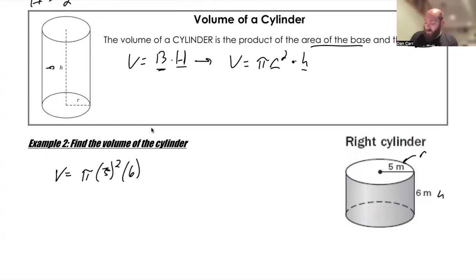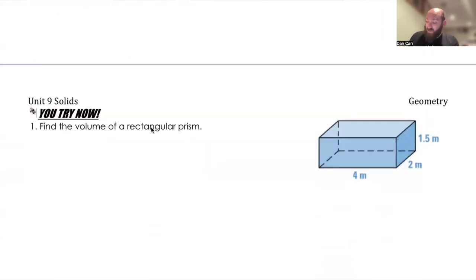Now we multiply this out. 5 squared is 25, and 25 times 6 gives me 150 pi, and that'll be cubic meters. If I want an approximate answer, we plug that into a calculator and get 471.24 cubic meters.